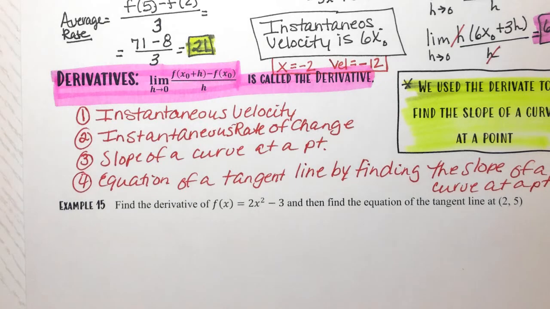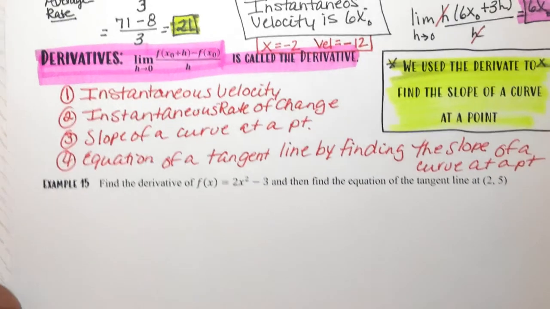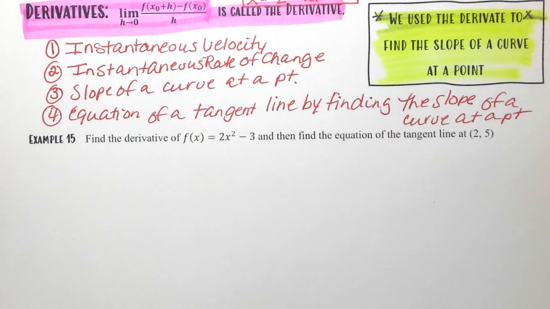Oh, that's the derivative. So you are now able to say, anytime I want to find any of that, oh, Miss Dean, you just want to find the derivative. And now that you know that, the rest of it is mind-blowingly easy.